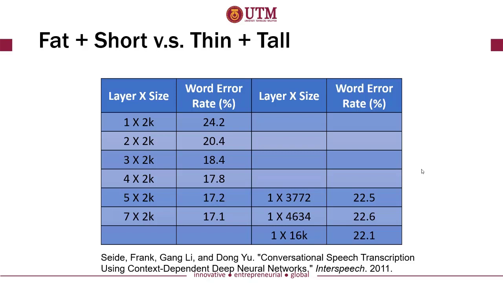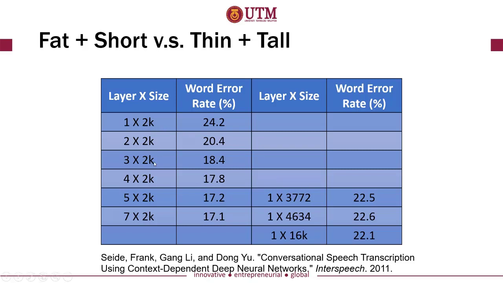As you can see in the result here, the performance is represented in terms of word error rate. I believe this research might have been done in speech or text processing, so that's why the performance is represented by word error rate, meaning the smaller the percentage the better.